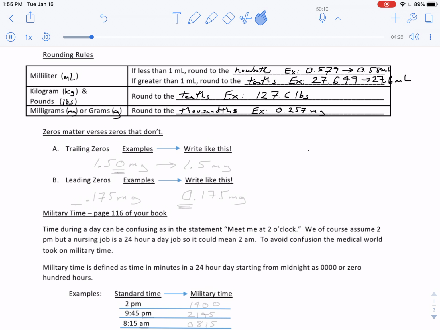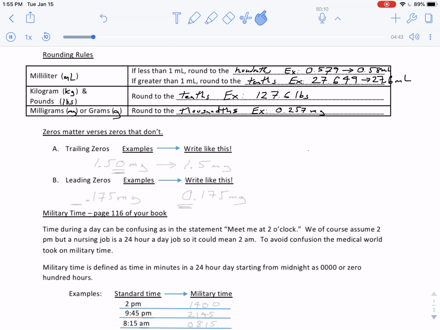All right, so let's continue on. Let's talk about a couple things. The nursing professors told me that we need to go over trailing zeros and leading zeros. So trailing zeros, what is a trailing zero?